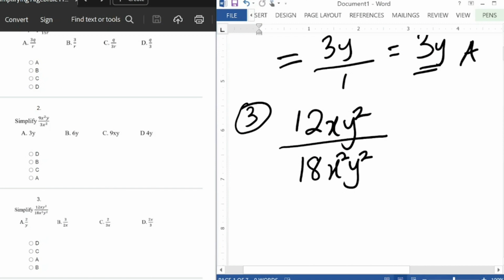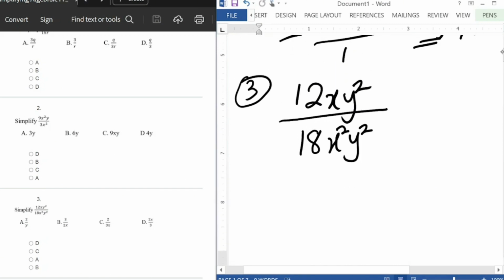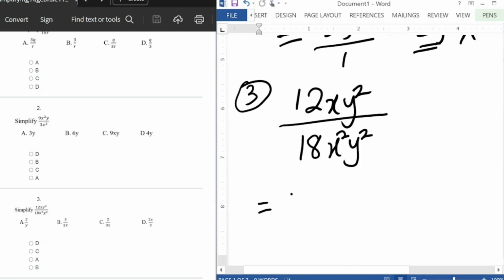So what we're going to do here is this. So y squared, we cancel y squared. Now what we have here, x, we cancel one of the x squared. Because x squared means x times x, then we have x on top, then x, we cancel x. It remains one x left.